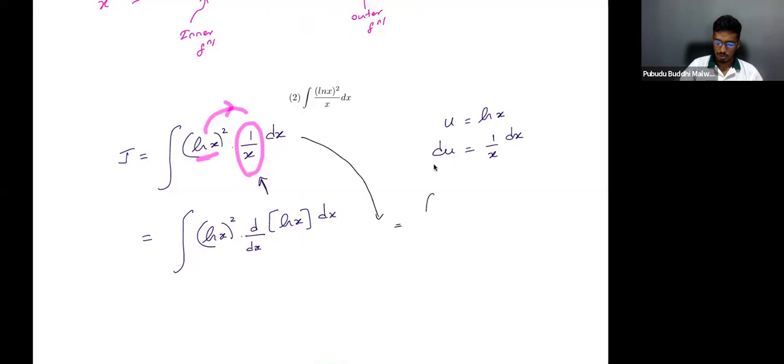It equals u squared du. So j equals this. We can integrate: u to the power of 3 over 3 plus c, and u equals natural log of x. That's the answer.